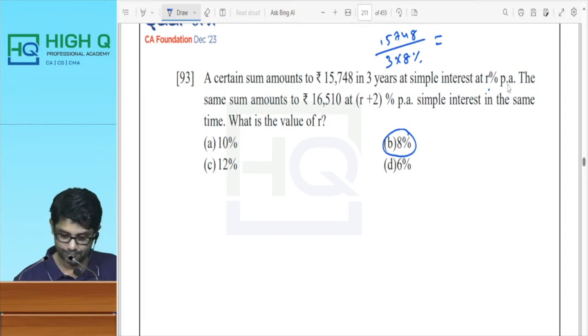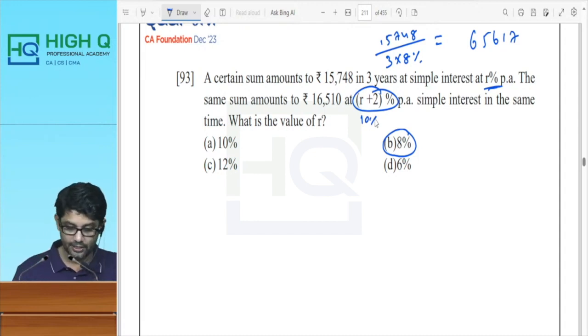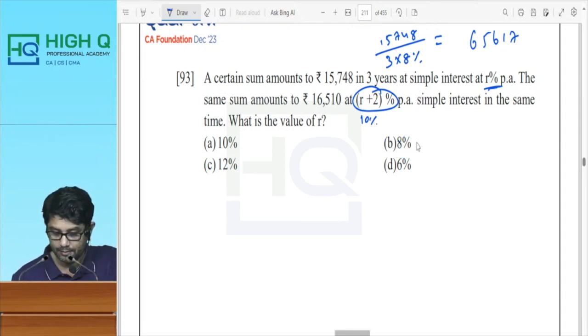Now, if R is 8%, take 10%. So, into 10% into 3. No, not coming. 19,640 is coming.